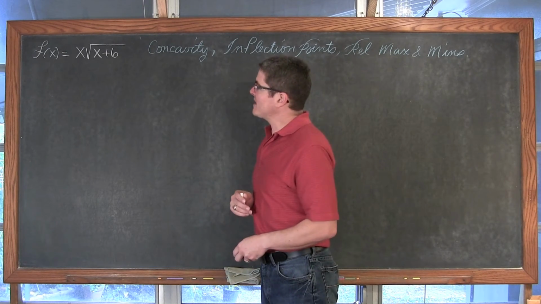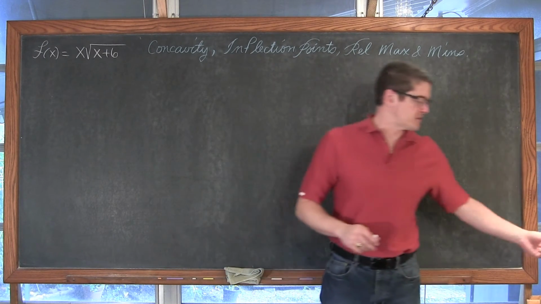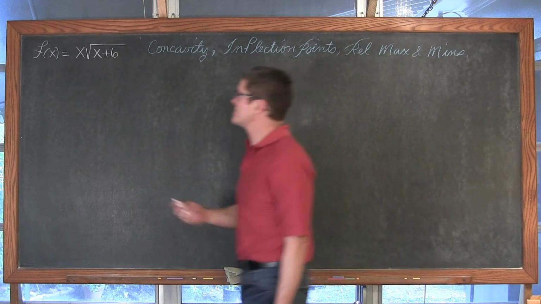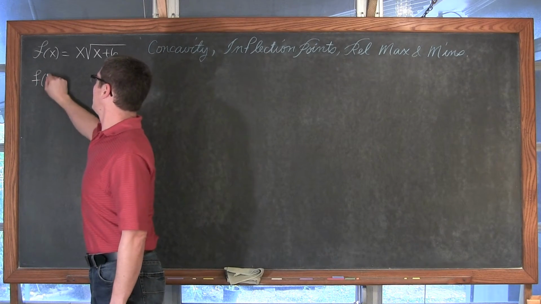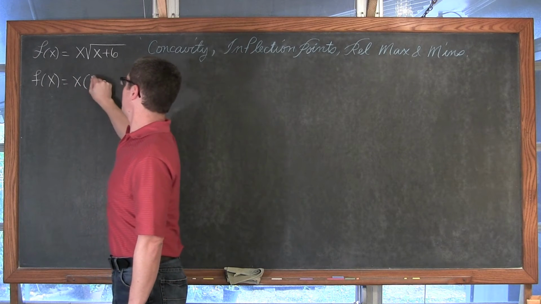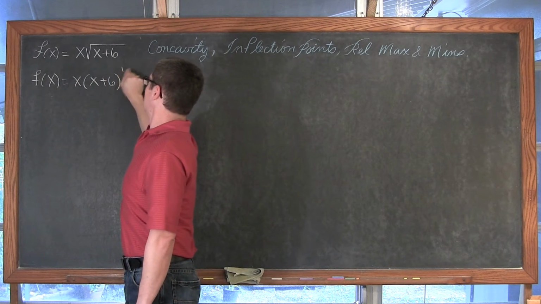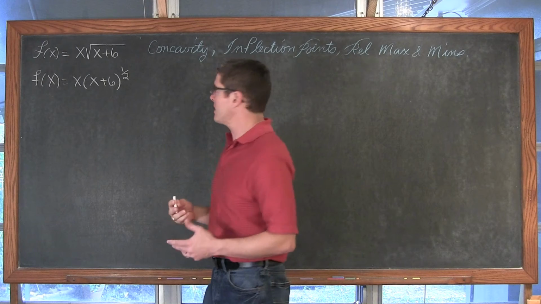Second example, f of x is equal to x times the square root of x plus 6. So we're going to rewrite that as f of x is equal to x times x plus 6 to the 1/2 power. Walk through the product rule.